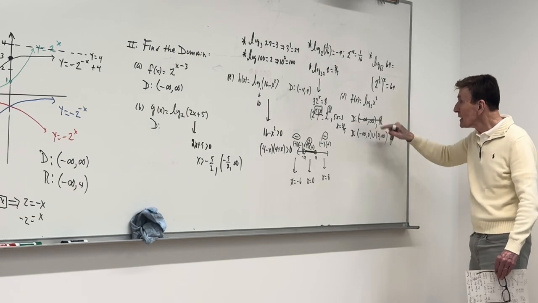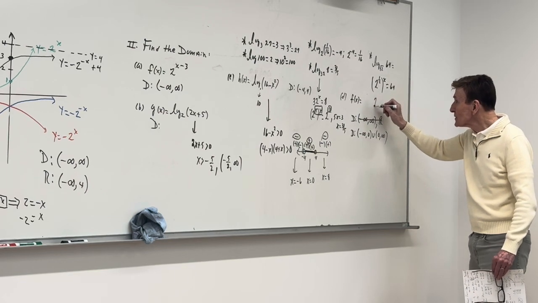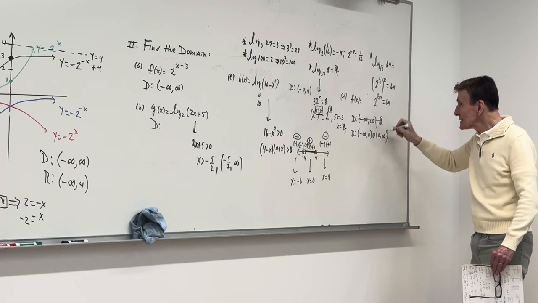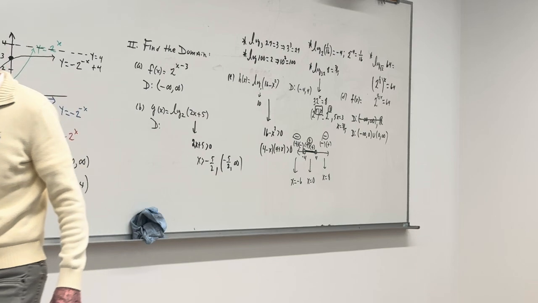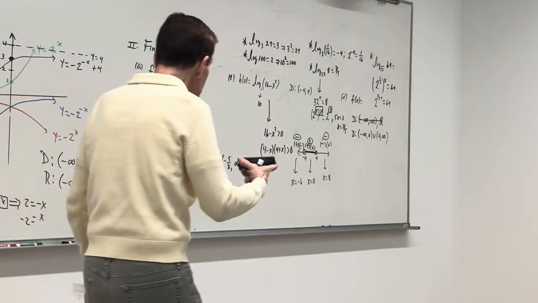Guys, I'm running out of space here. It merely means 2 raised to the 1/2 x is equal to 64. Is it possible to rewrite each side in terms of a common base? Yeah, 64 could be expressed as 2 to the 6.